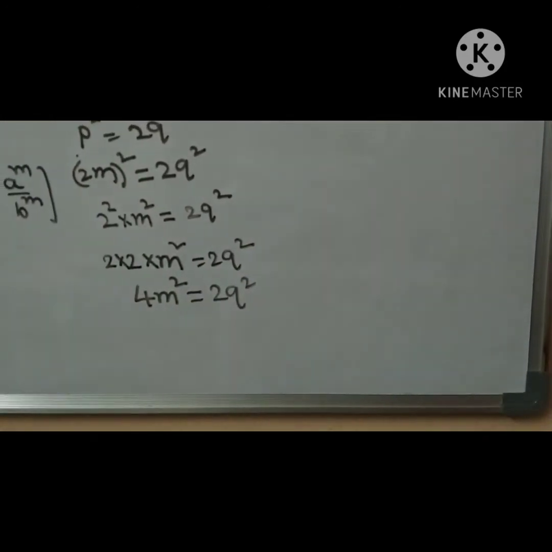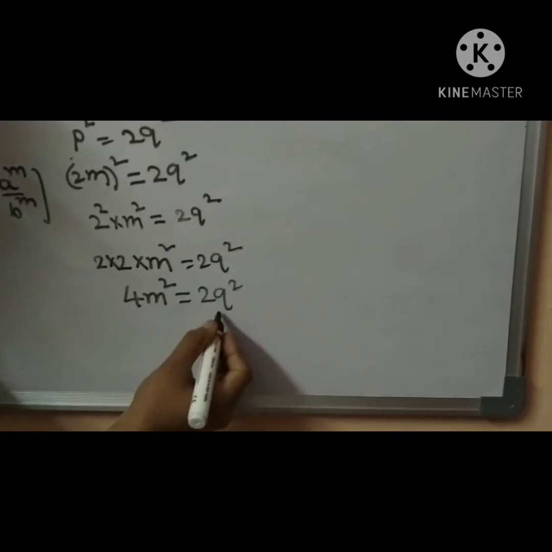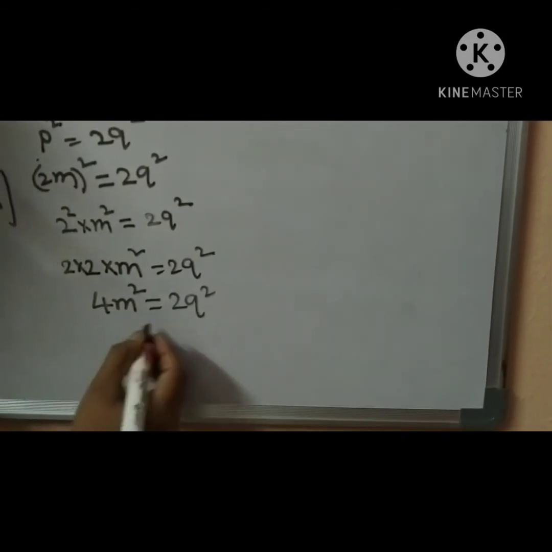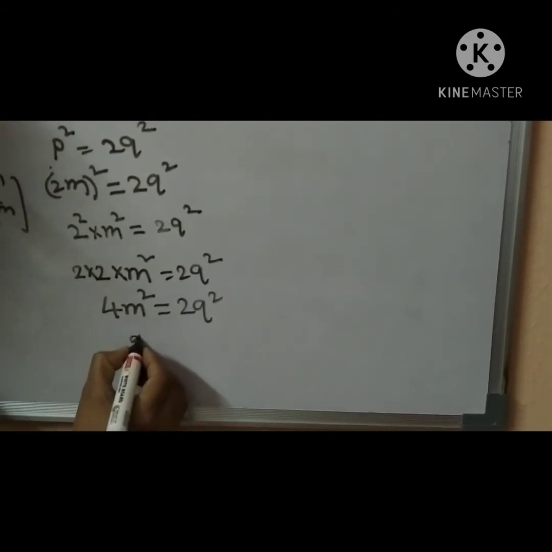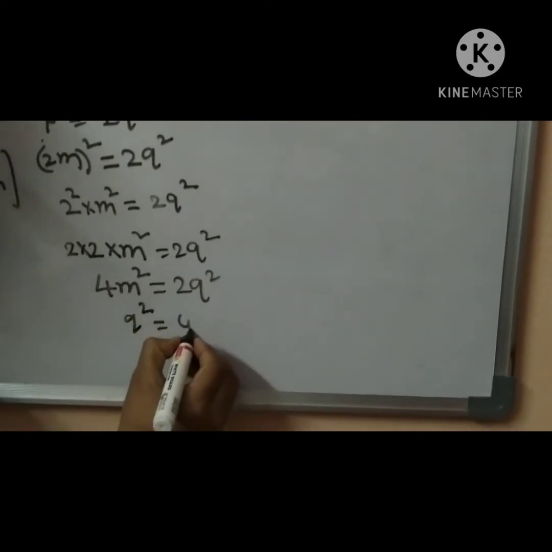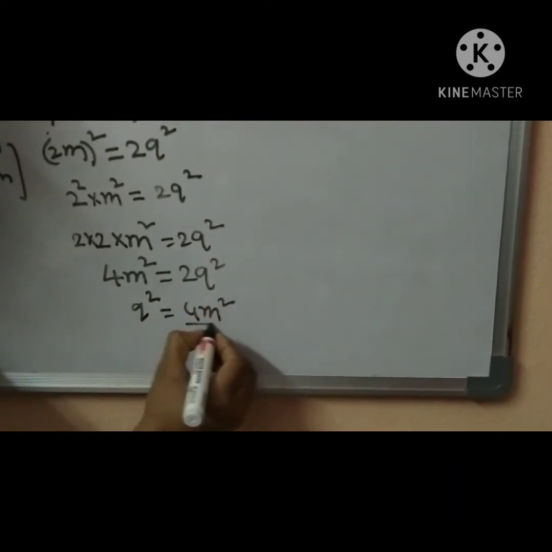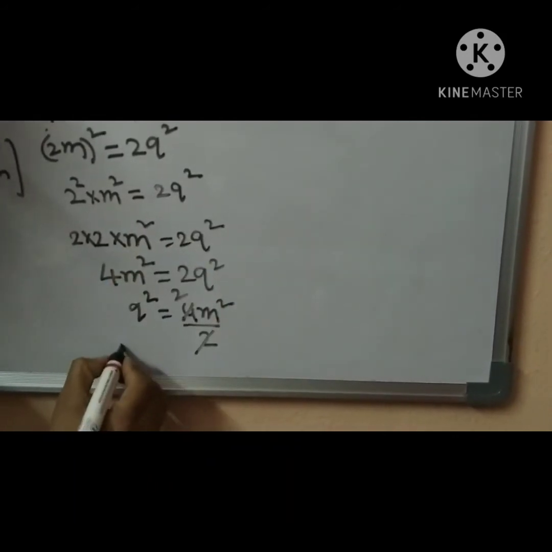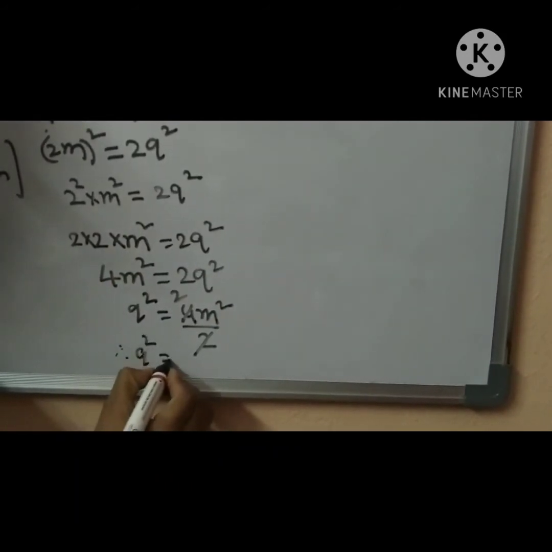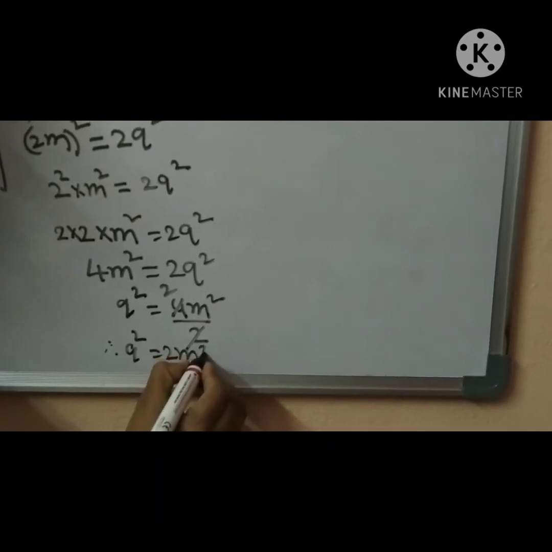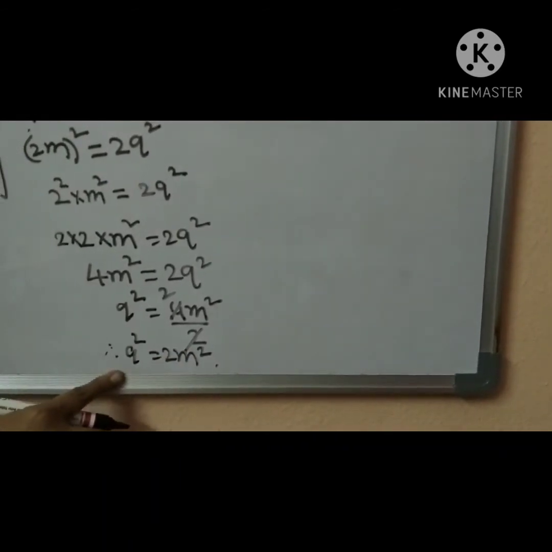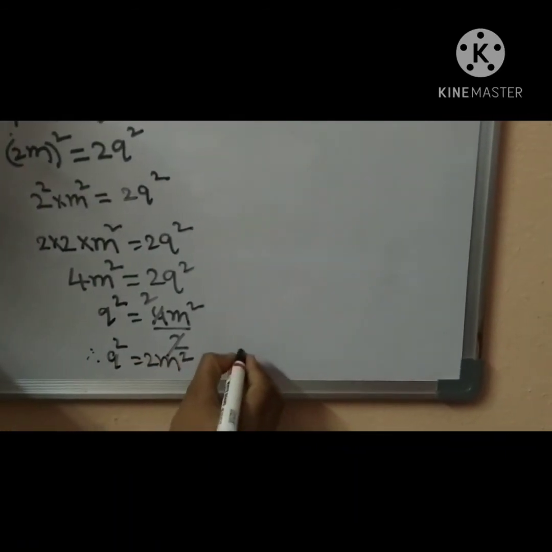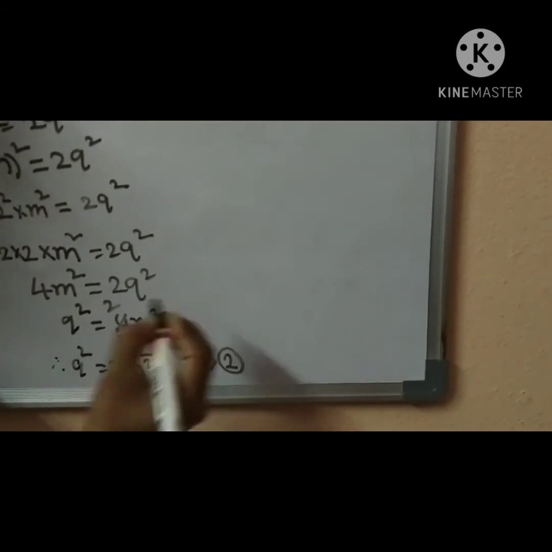Already we got the p value, now we find the q value. So q square is equal to 4m square by 2. Here 2 twos are 4. Therefore q square is equal to 2m square. It is equation number 2.